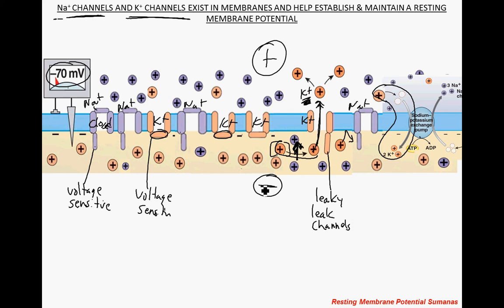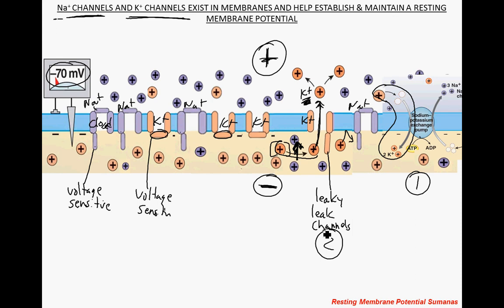So not only do we have this sodium-potassium pump establishing the resting membrane potential of positive on the outside and negative, or less positive, on the inside. That's one thing. But the second thing is these leaky potassium channels, which enable some of that potassium to diffuse out of the cell.